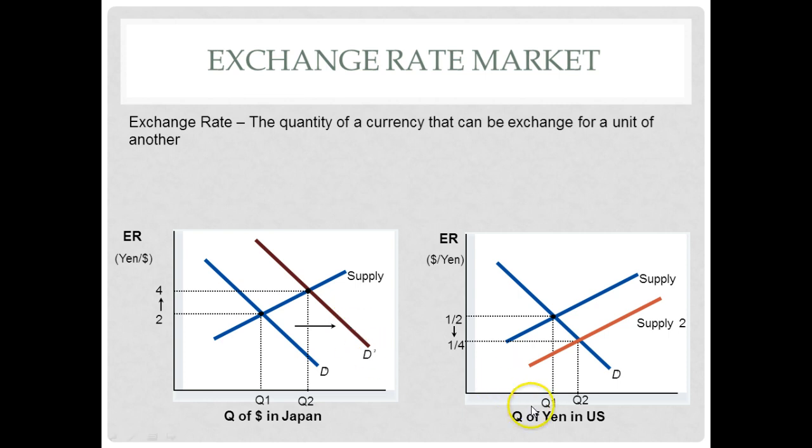What did they send them? They sent them yen. And so the supply of yen in the United States simultaneously is increasing. And as the supply of something increases, the price drops from, again, in this case, half a dollar or 50 cents to a quarter of a dollar or a quarter.